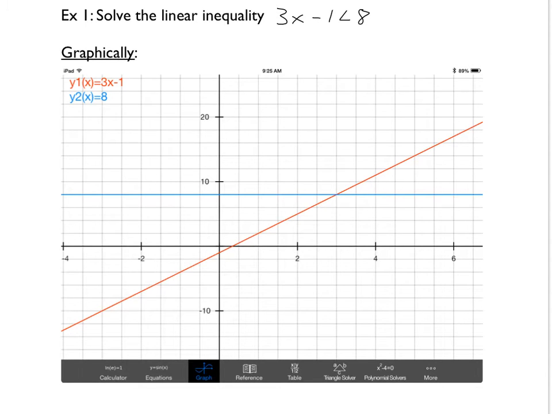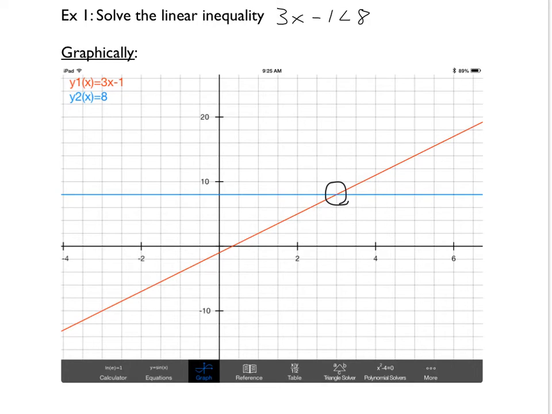So for our first example, we want to solve the linear inequality 3x minus 1 is less than 8. So here, the red function is the left-hand side, 3x minus 1. The blue function is just y equals 8. So we have our blue function, our red function. Where do they intersect? Right over here.